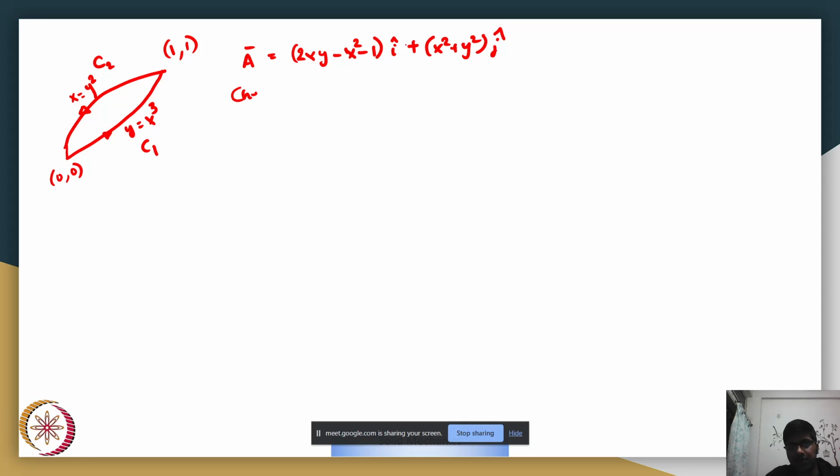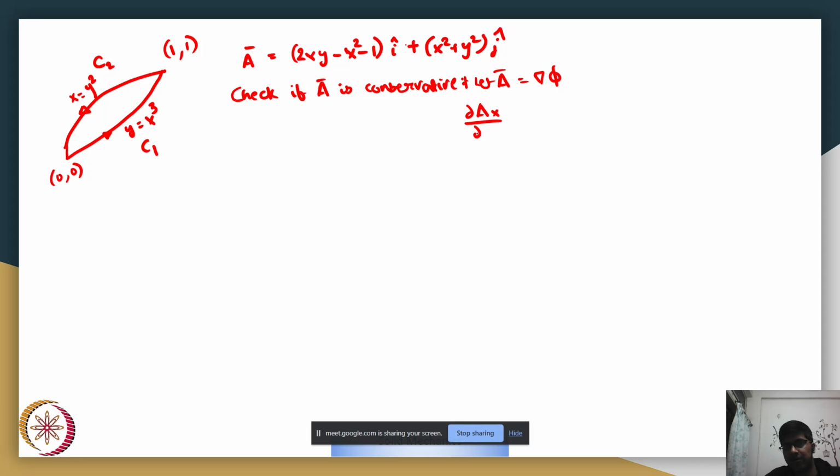So if we want to check if A is conservative, we'll say let A is equal to grad of phi. I think it's conservative, sir. It's conservative, is it? So how do we test that out?